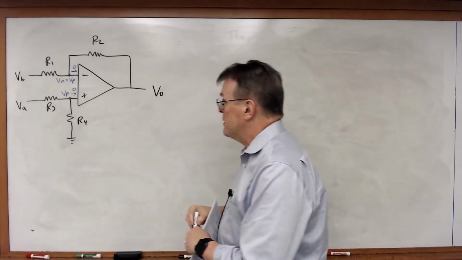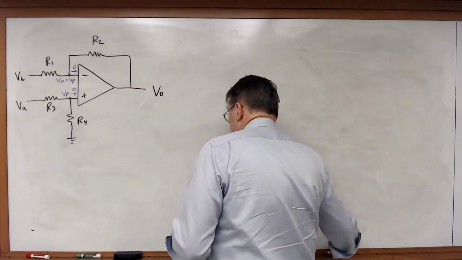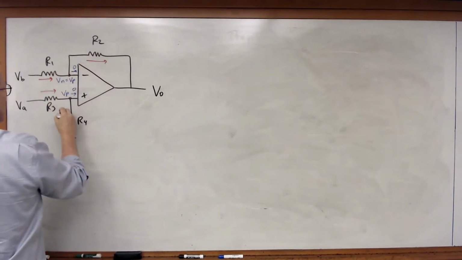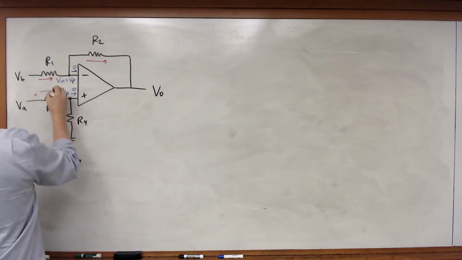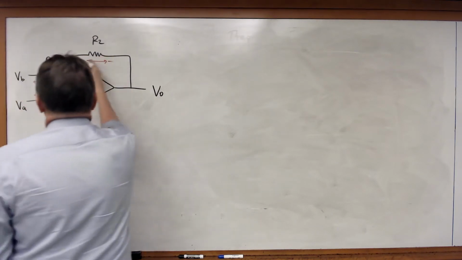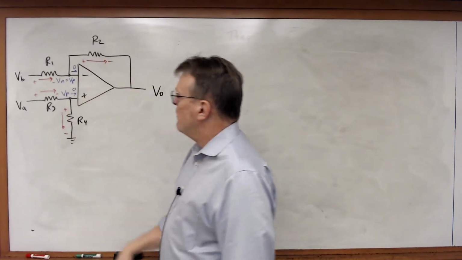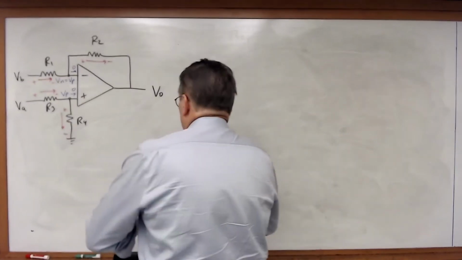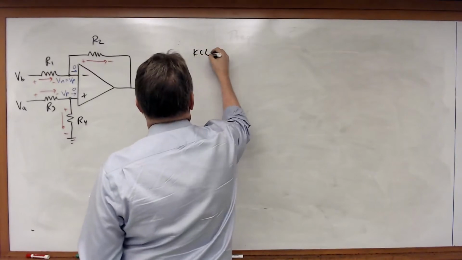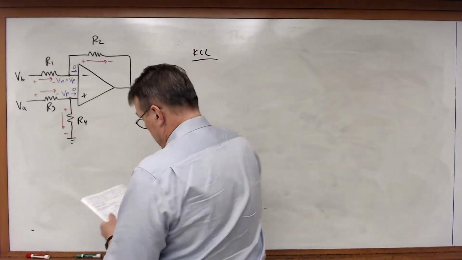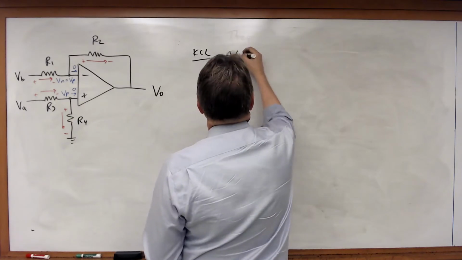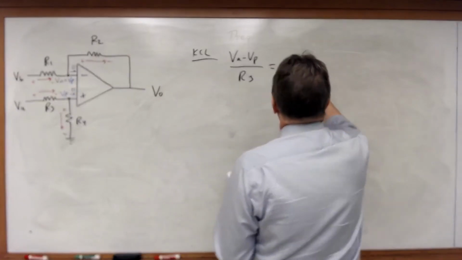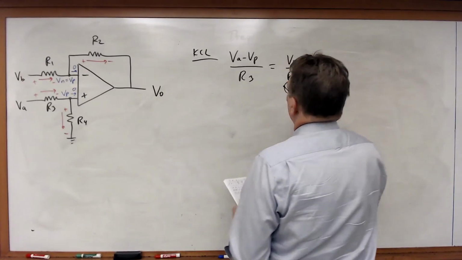So let's pick some current directions. And in this case, I've actually got two nodes that I can write KCL equations for, both the inverting and the non-inverting nodes. So let's go through and do that. So for my KCL, I've got VA minus VP divided by R3 must be equal to VP over R4.